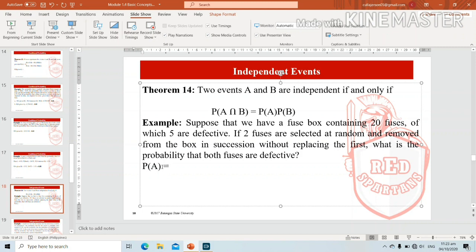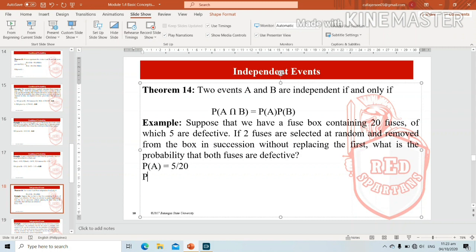So, anong probability natin na mabubunot natin yung unang defective na fuse? So, kung meron tayong 5 defective fuses, ang probability niya, 5 divide sa total na 20.